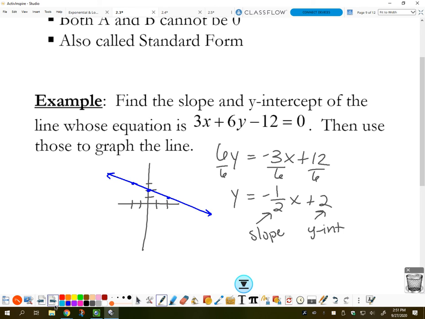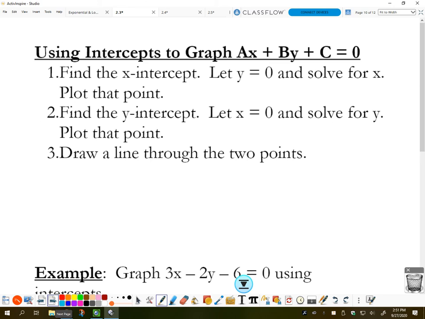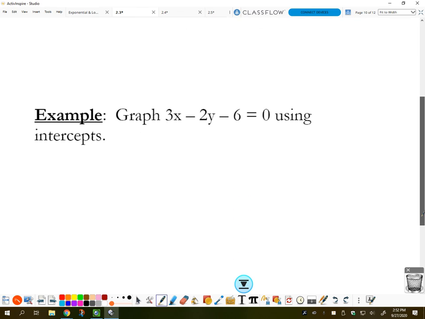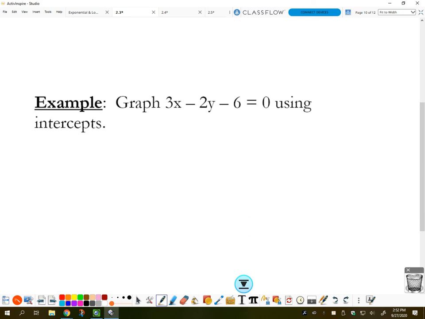Alright, the other option is by plotting the intercepts. So we can say y is 0 and get an x, say x is 0 and get a y. So I know my x and y intercepts, and then I can plot those and draw my line. Alright, so I'm going to move the 6 to the other side and have it in standard form instead of general form.